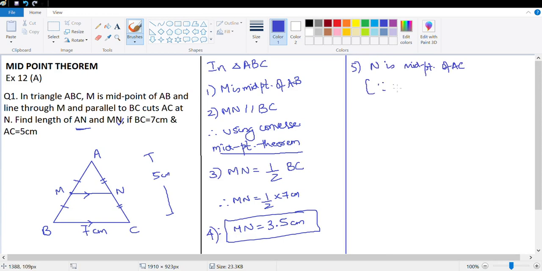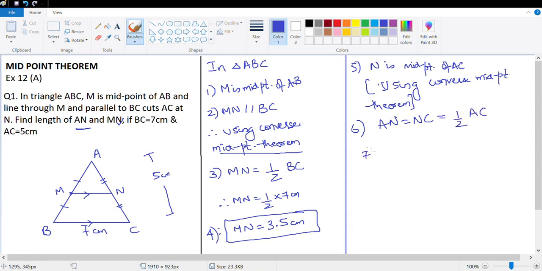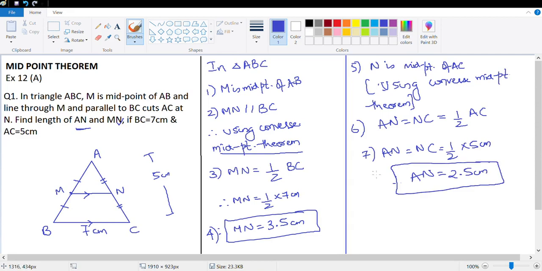So what we get is AN is equal to NC, since N is midpoint of AC, which is equal to half of AC. Which means AN is equal to NC is equal to half into 5 centimeter, therefore AN is equal to 2.5 centimeter. These are the two things that we wanted to get.